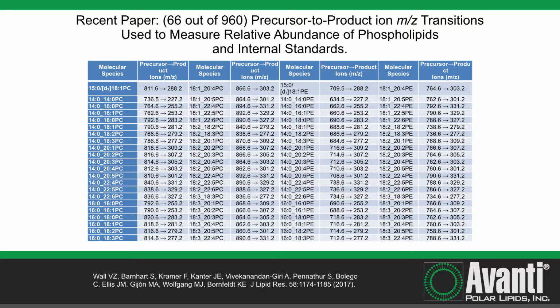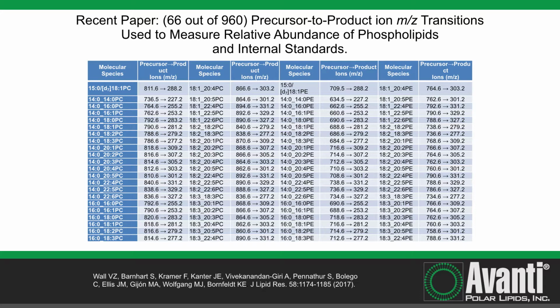So this is a very complicated slide. It has lots of different ions in it, but I wanted to show you this from a paper that recently appeared in the Journal of Lipid Research. It's an example of some PC lipids in these first two columns, and some PE lipids in the later columns, and the transitions being done in cyclic mode here.